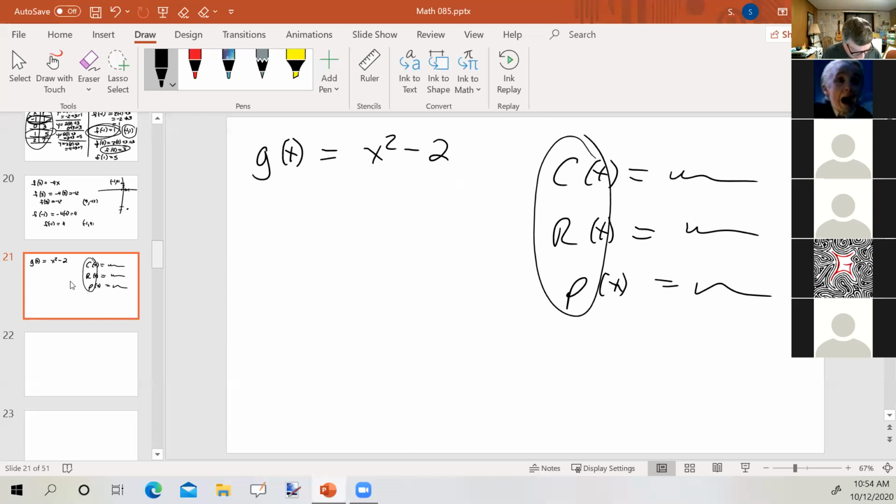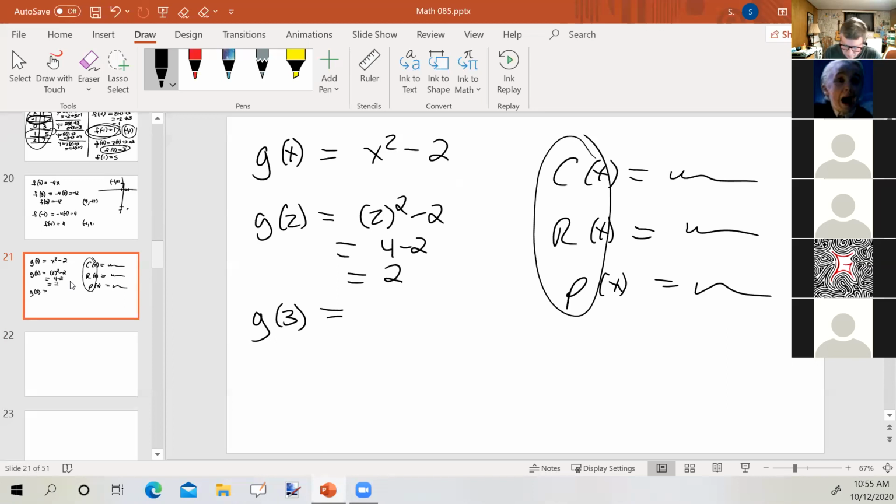G of x equals x squared minus 2. We are to find g of 2 and g of 3. So g of 2 would be 2 squared minus 2, which is 4 minus 2, which is 2. G of 3 would be 3 squared minus 2, which is 9 minus 2, which is 7.